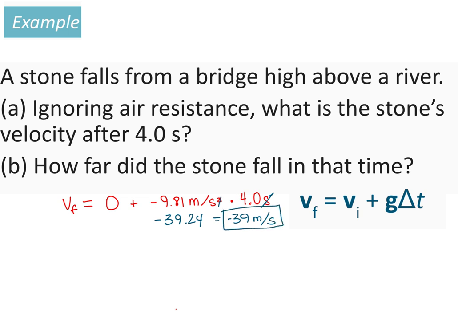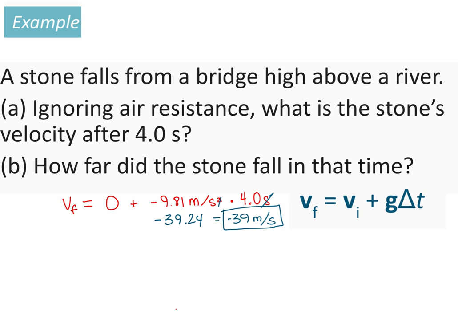Something is falling, your velocity is going to be negative, right? Does that make sense? The other thing is a quick and easy rounding of gravity is negative 10. So negative 10 for 4 seconds is approximately negative 40. Does negative 39 make sense? Yes, it does. So do you see how I did that as a quick check, does my answer make sense? 10 is a rounding of gravity.